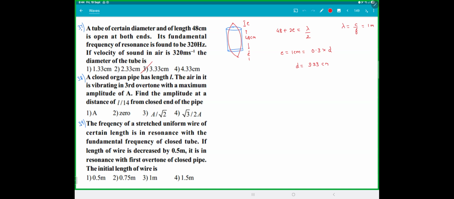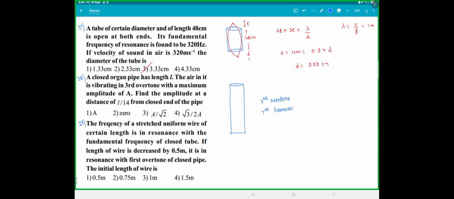Let's see. A closed organ pipe of length L. Again, when they say closed, it means one side is open, one side is closed. He said third overtone, the third frequency after the fundamental. Remember, in this, even harmonics are missing. It's a seventh harmonic, or 7 half loops.